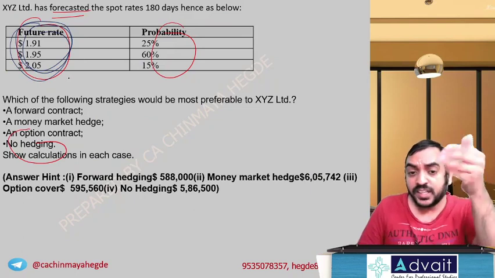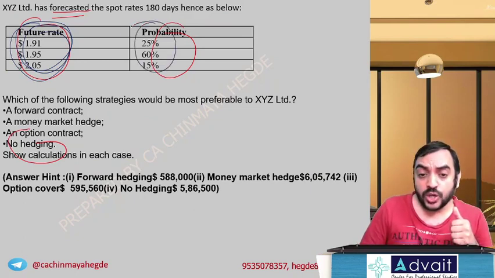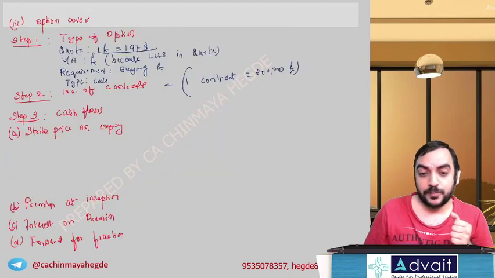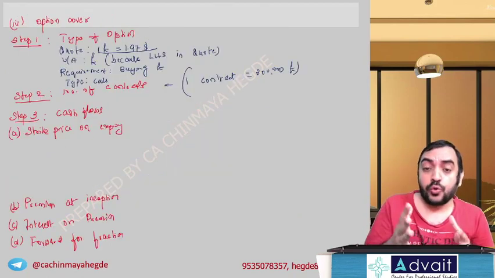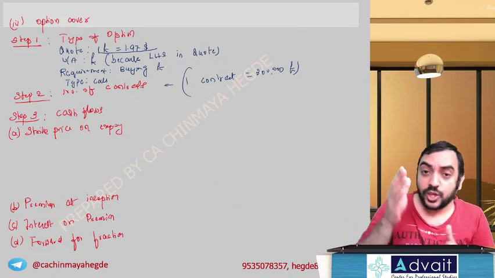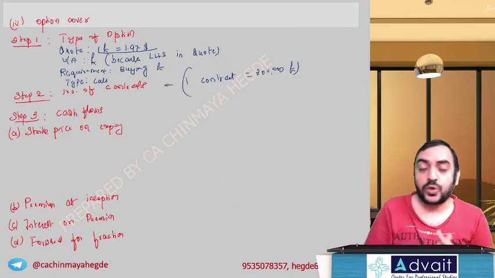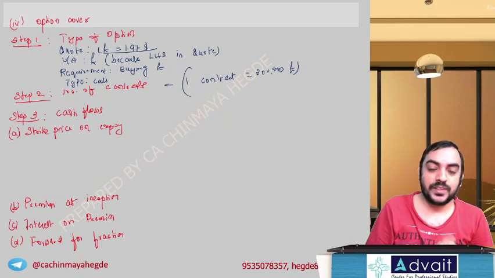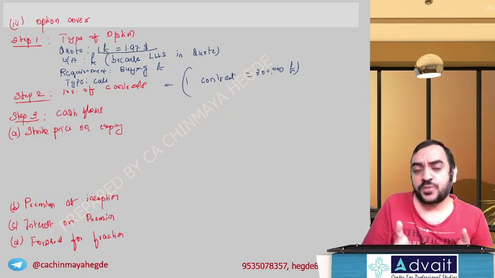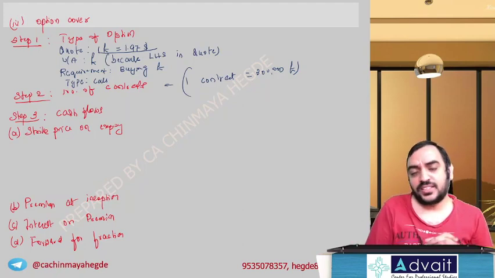On expiry date, what all could happen, along with the probability, they have given. So when you know what could happen, based on that you should take a judgment whether to exercise or not. Normally in option hedging we assume the strike price is exercised, and the amount is paid or received. But here it's not the case.